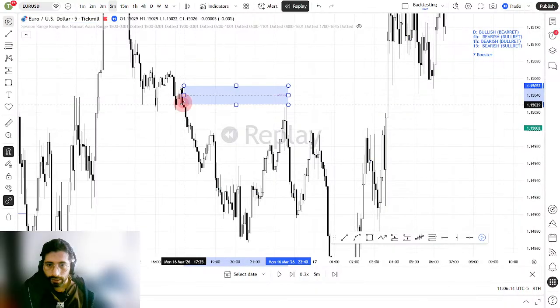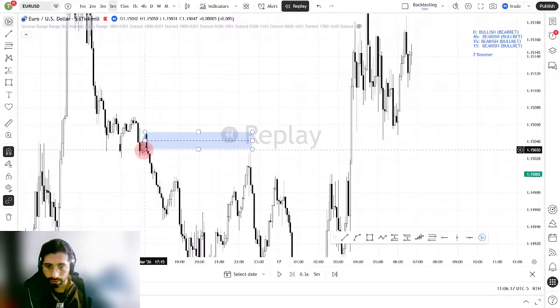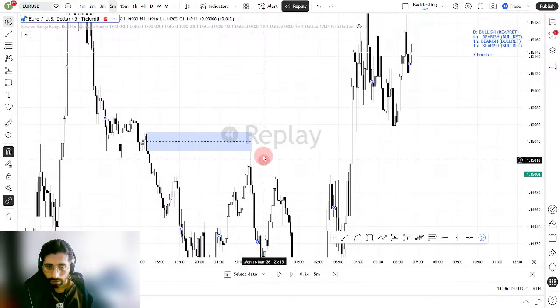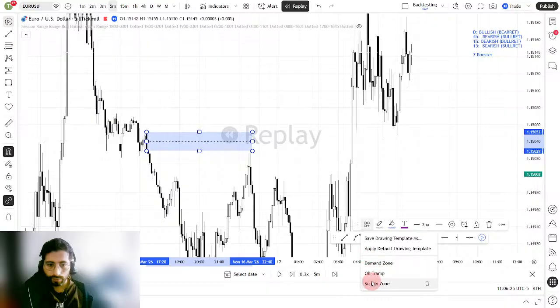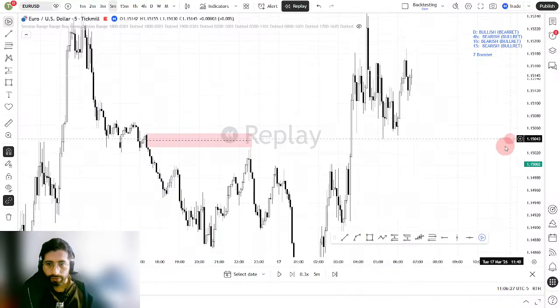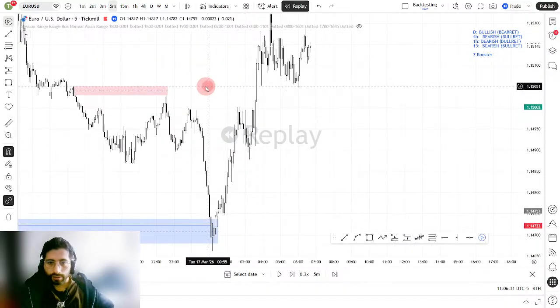I'm gonna grab this black candle as the order block. And there we have it. This is almost the point. There is. Alright. Supply. Perfect. So this was the order block that causes this movement. But then what happened after that?